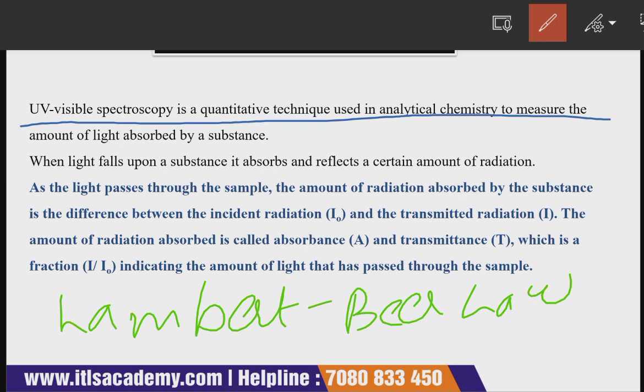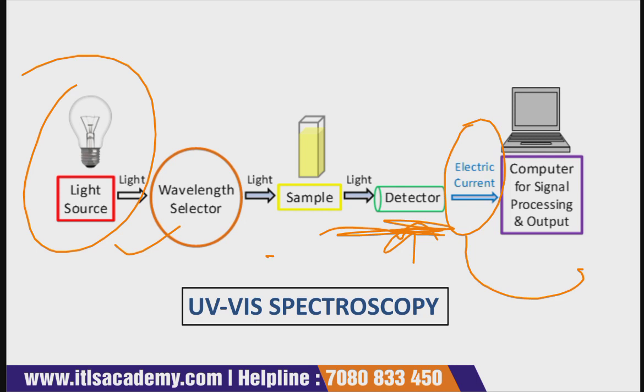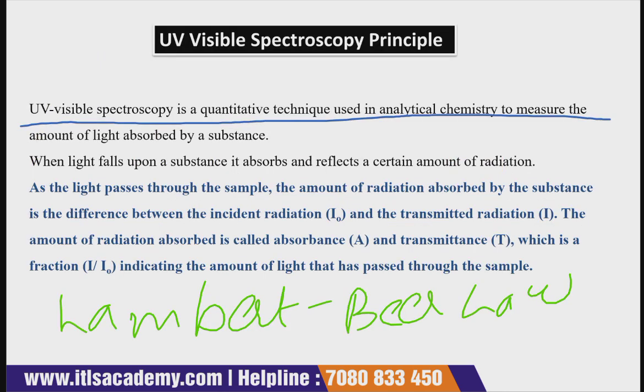When the light falls on the sample, as you can see in this diagram, a certain amount of light will be absorbed and a certain amount of light will be reflected.